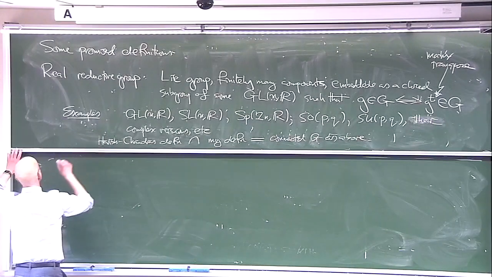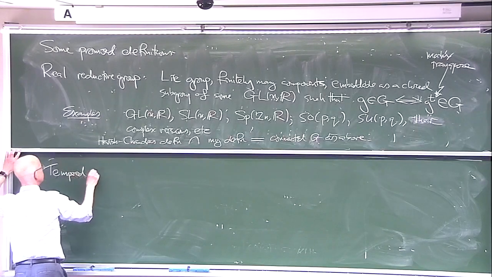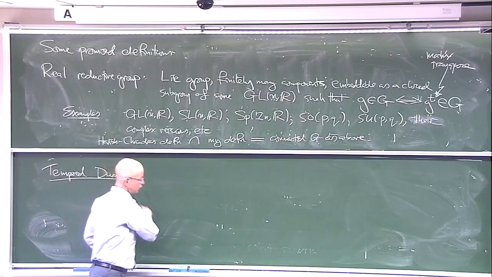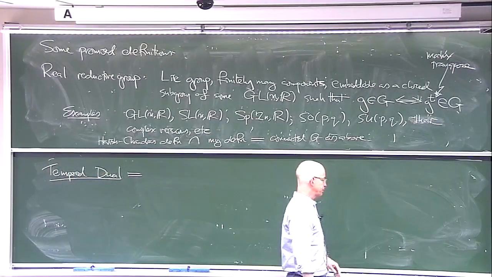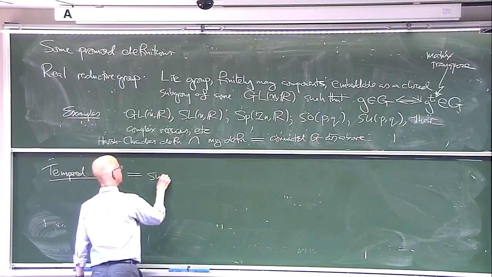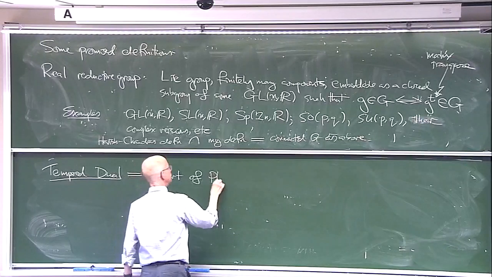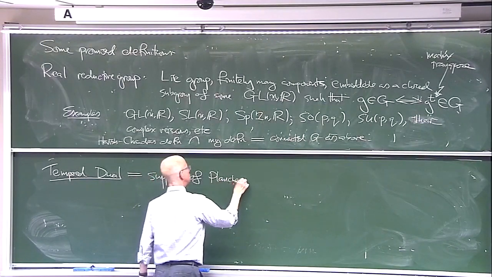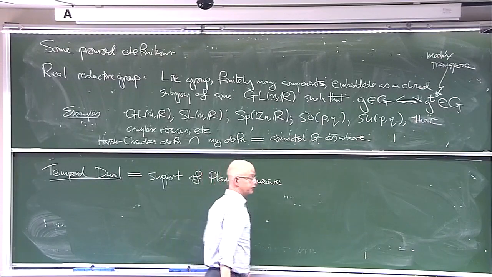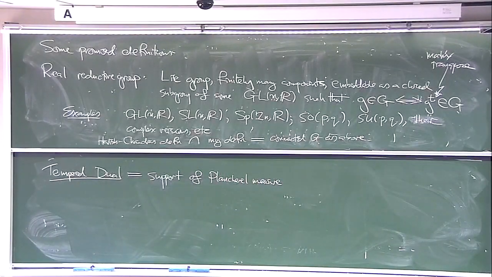Okay, so for these particular groups, one speaks of the tempered dual, and there are different ways of saying what this is. One way is to say that this is the support of the Plancherel measure. So the support of a measure is the complement of the largest open set which has measure 0.